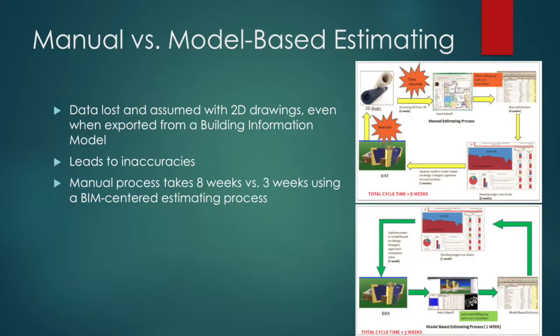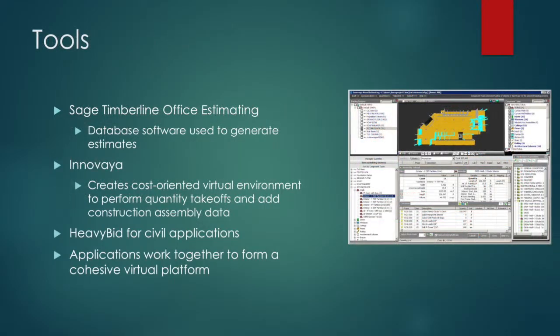Some of the tools used to perform detailed cost estimating are Sage Timberline Office Estimating, which is a database software used to generate costs. Timberline uses its own proprietary database as well as connecting to an RS-Means database that can be linked to the Revit model.